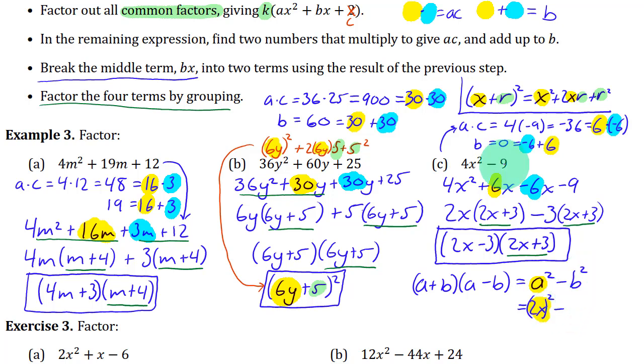Minus, well, we had minus 9, that's the same as minus 3 squared. So that's what we started with. And so if we're using this rule, we could just write it as 2x plus 3, that's the a plus b, and 2x minus 3. Like so. So that's the shortcut. You don't have to go through this whole process every time. And knowing these shortcut rules is a really good way to do it if you can.